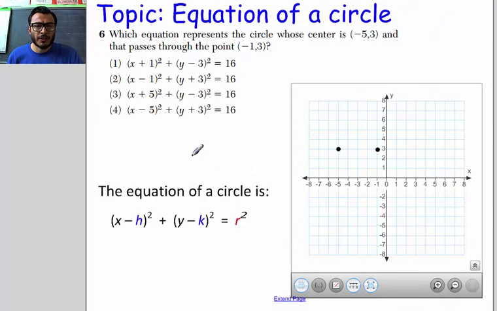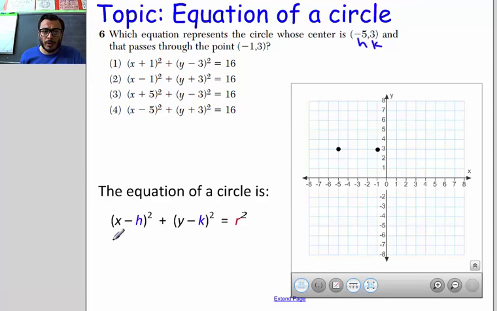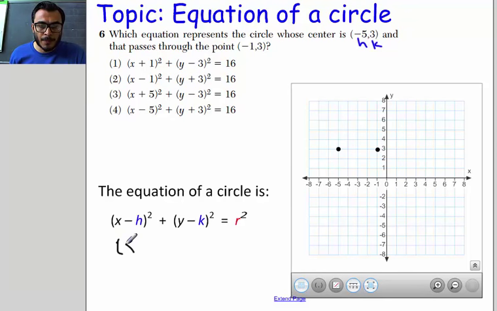Okay, number 6. Which equation represents the circle whose center is (5, -3) and that passes through the point (-1, 3)? They gave us the center, so they're giving us h and k. When we put it into the formula, we get (x + 5) squared plus (y + 3) squared.